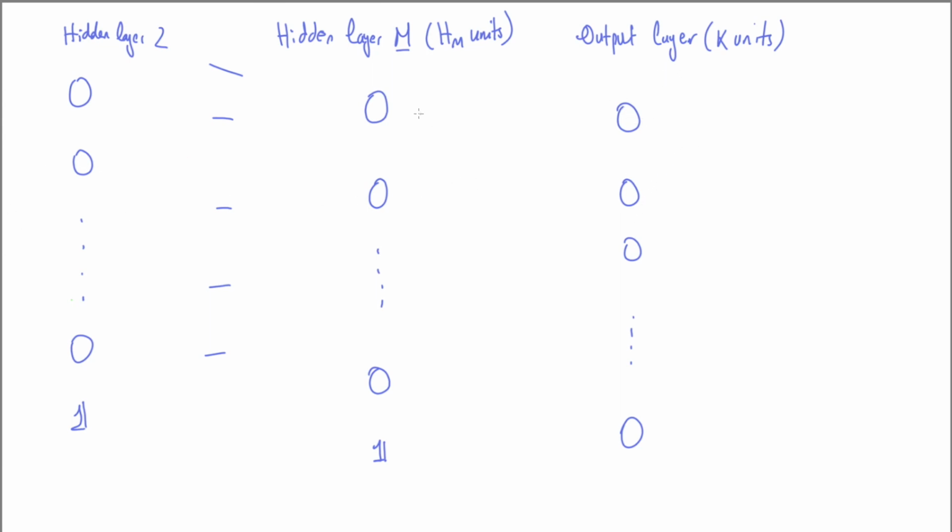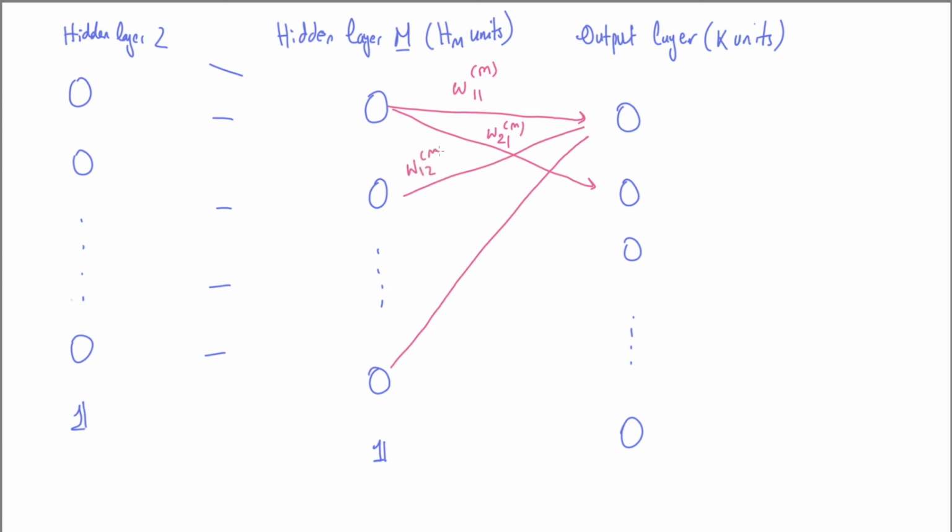Now between this last hidden layer and the output, we're still going to have these weights, but these are now going to be the mth layer. Okay, so nothing changes. I'll just draw them for the one connecting to the top. So this would be W12M.